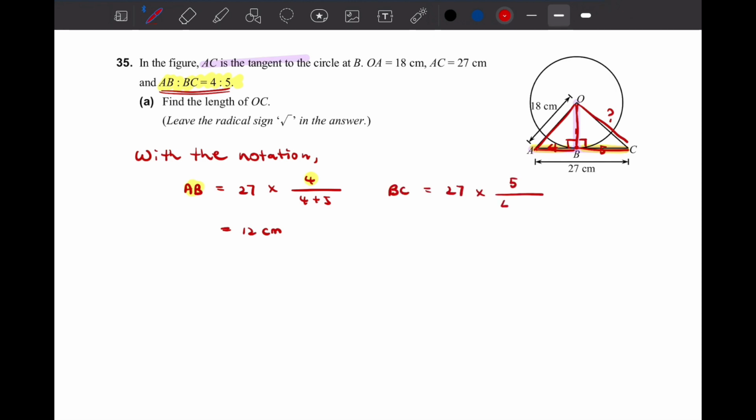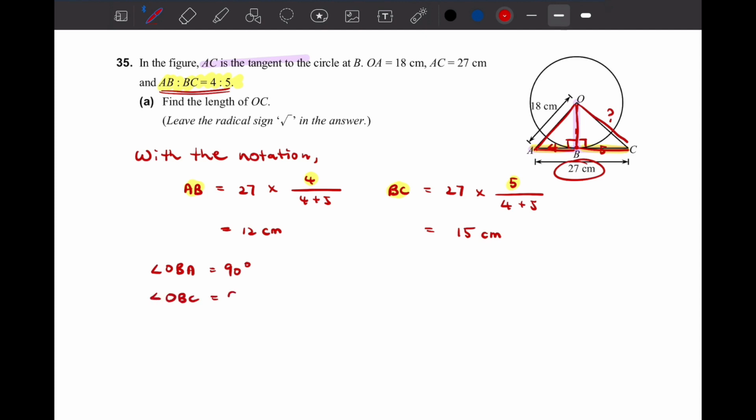And then for BC, we have 27 times the ratio 5 over 4 plus 5, the total ratio, and then you will have 15 cm. Or, since you got AB already, you can just use 27 minus it, and you can get the same answer as well.